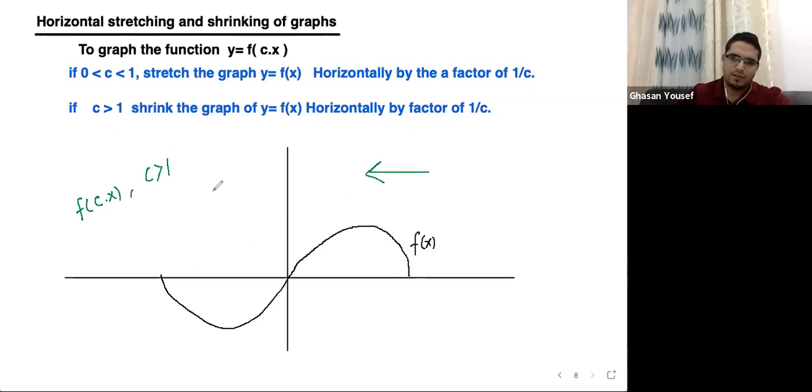Horizontally means something like this, exactly like this.